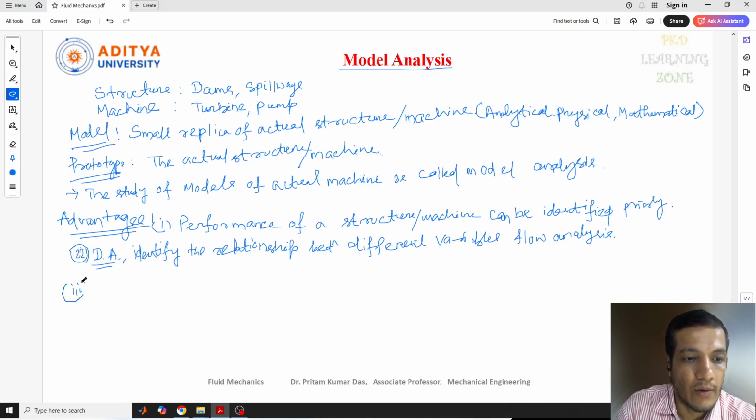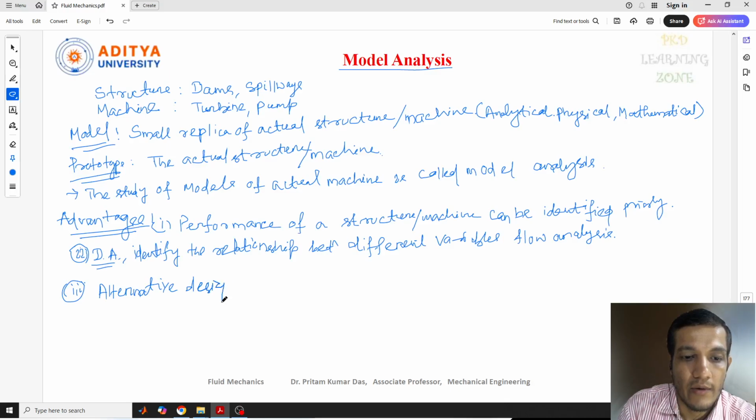Similarly, one more advantage is there. After designing the model, the alternative design can also be predicted. Once you have created one model, what the alternatives are, or what other options are there, can also be predicted.